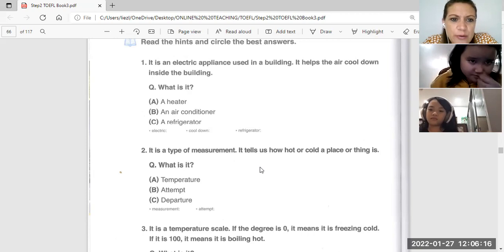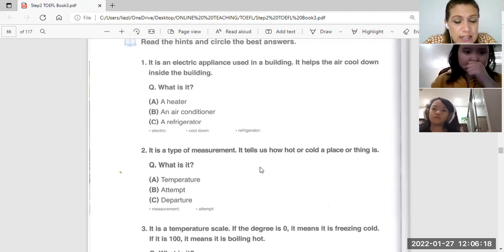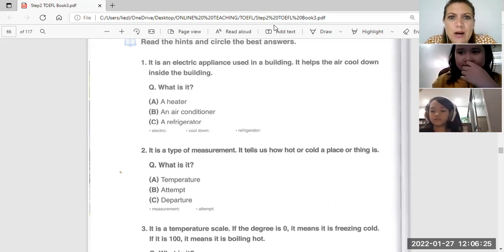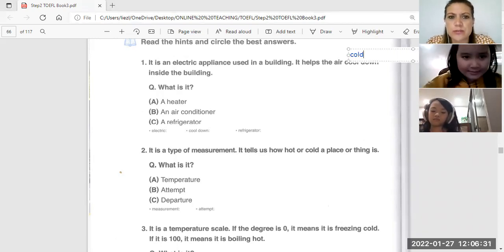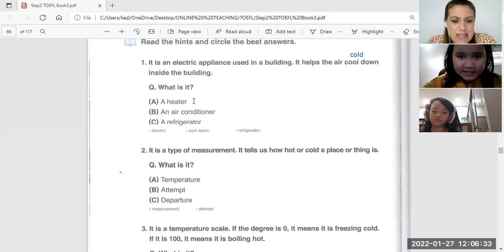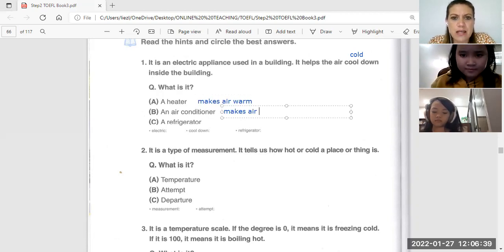Okay, what makes the air cool down? A heater, an air conditioner, or a refrigerator? Cool down means cold. You want to cool down air. A heater makes air warm. An air conditioner makes air cool.